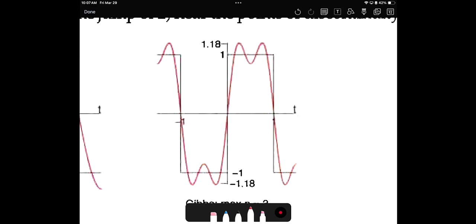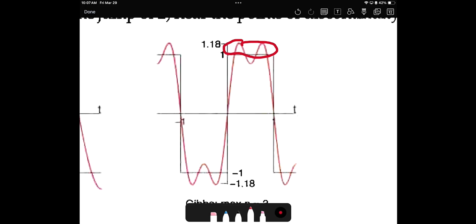And we realize the overshoot will be the same amount, 9%. Even though we are increasing the number of terms, the overshoot will be the same. I'm talking about the overshoot, not the accuracy, not the distorted waveform.